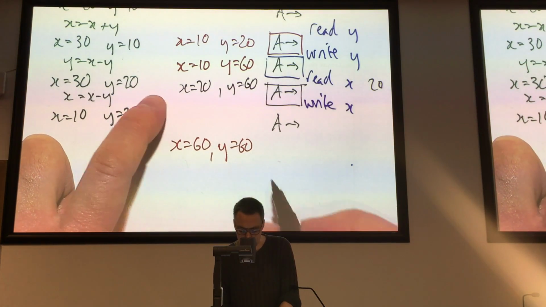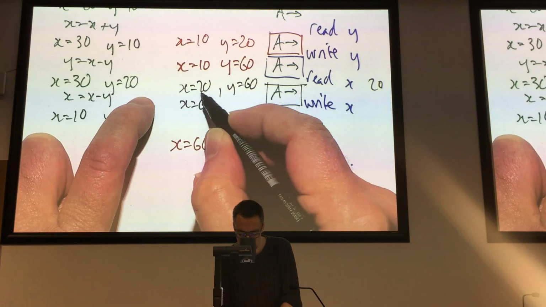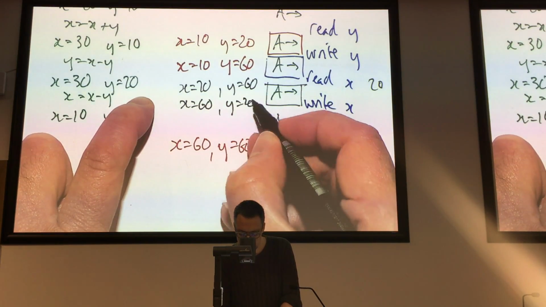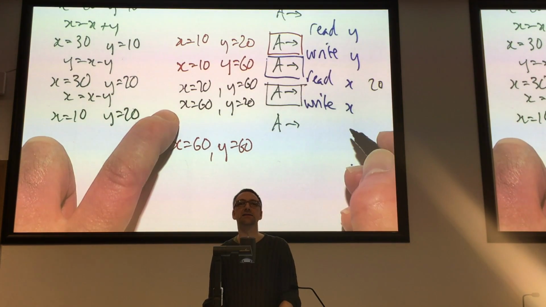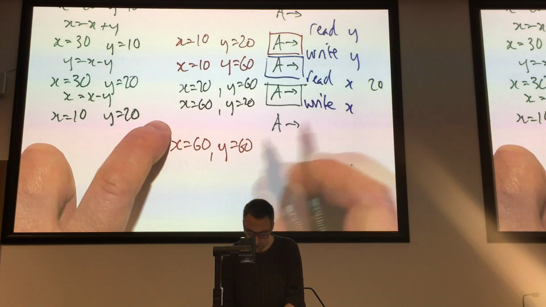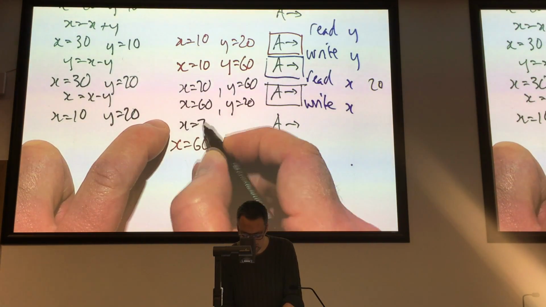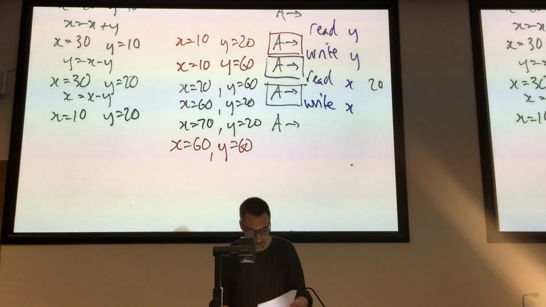Then they swap. So that's x is 60, y is 20. And what is going to then be written into the x? 70, because it was 20 that got read. So we end up with x is 70, y is 20. So that's the other possibility.